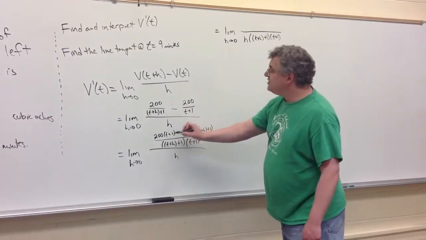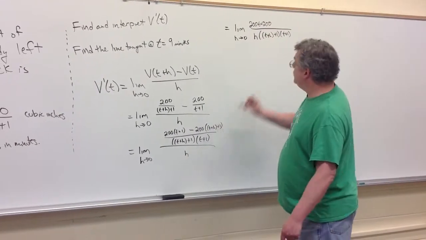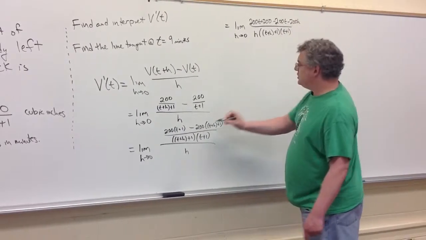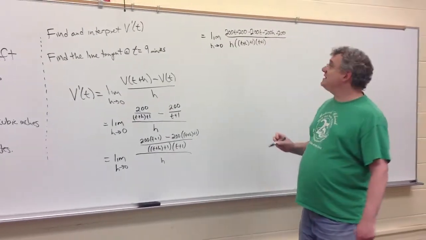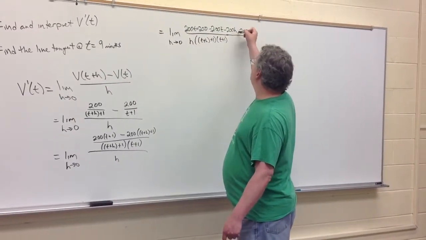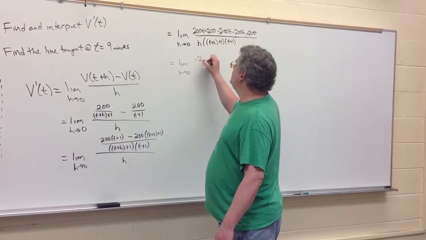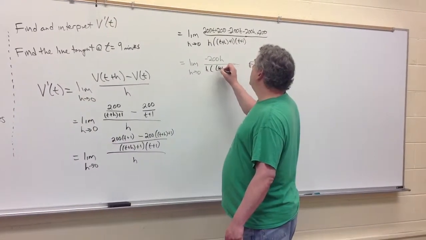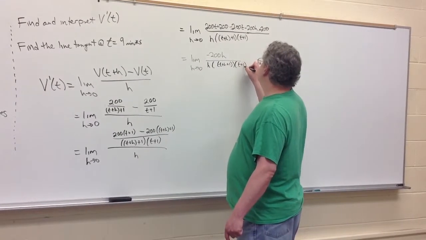The top, I have 200t plus 200 minus 200t minus 200h minus 200. So as I said, some things will cancel. There's a 200t, a minus 200t, a 200, and 200. So if I do that, I have minus 200h, and on the bottom I have an h times t plus h plus 1, and then I have t plus 1.